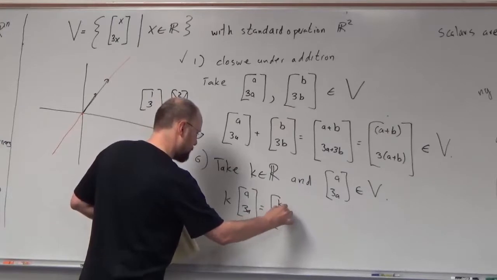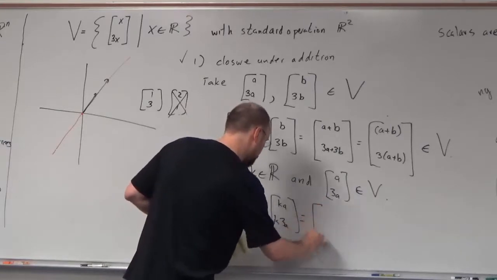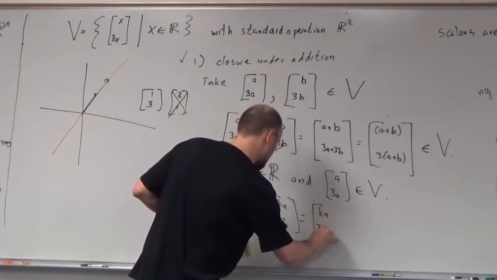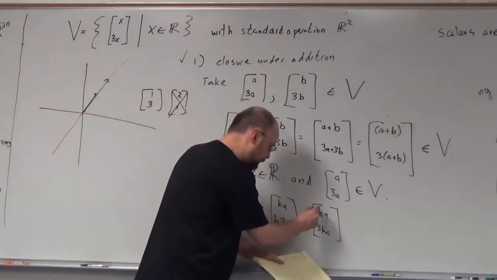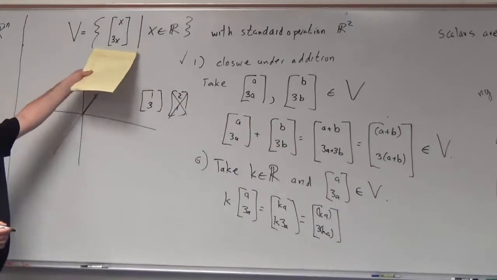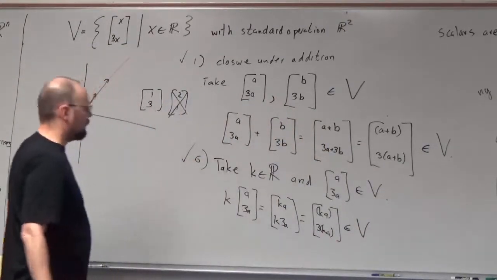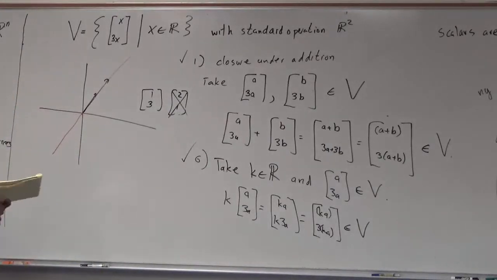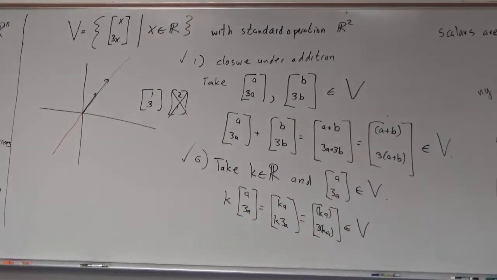Indeed, this is just some number, but the second entry is 3 times that number. So it qualifies to be in our set V. And the rest of the axioms are annoying, but they will definitely follow. But we'll learn that soon enough.